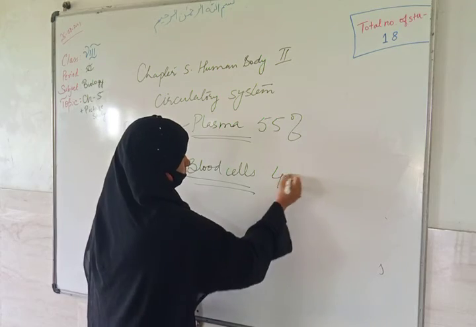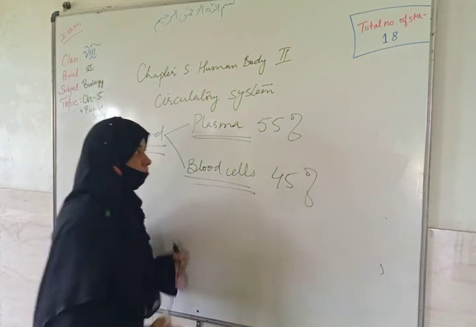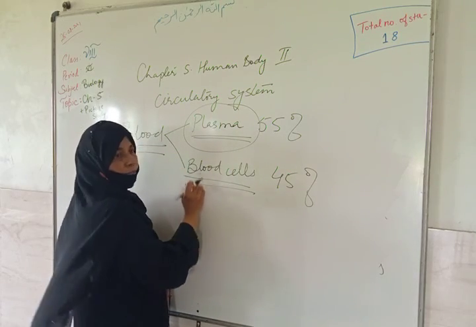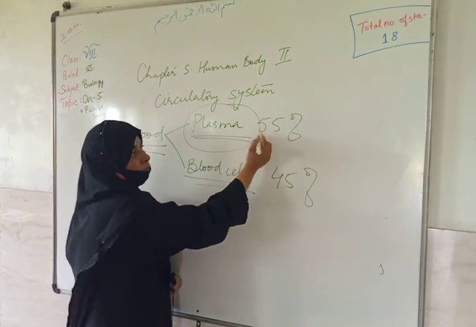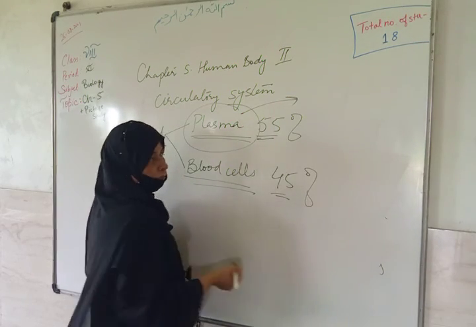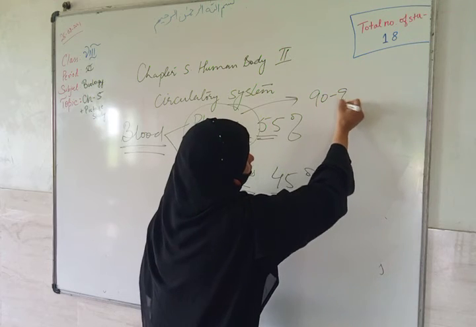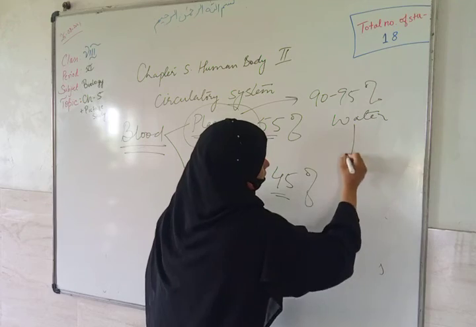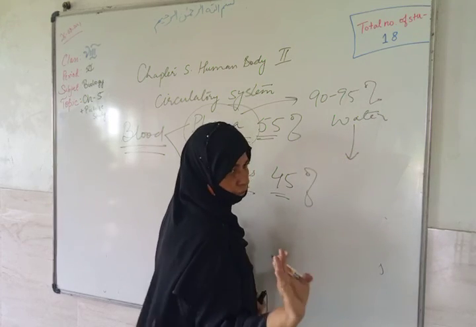And from this 55%, we have 90 to 95% as water. If you just see the plasma, that is 90 to 95% water, and the remaining 5% is protein, hormones and other things.